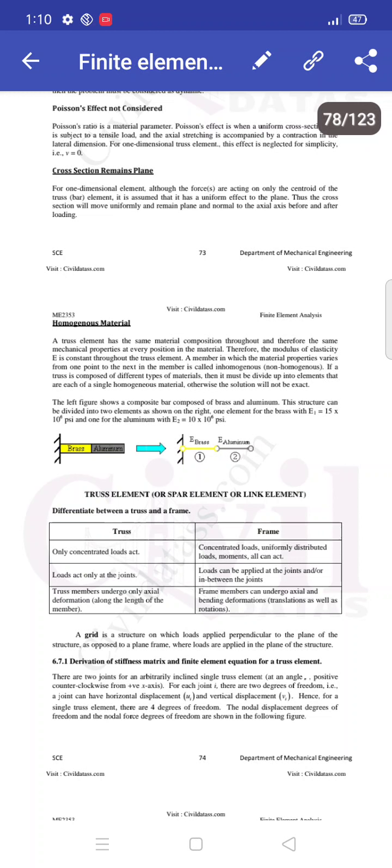The left figure shows a composite bar composed of brass and aluminium. This structure can be divided into two elements.